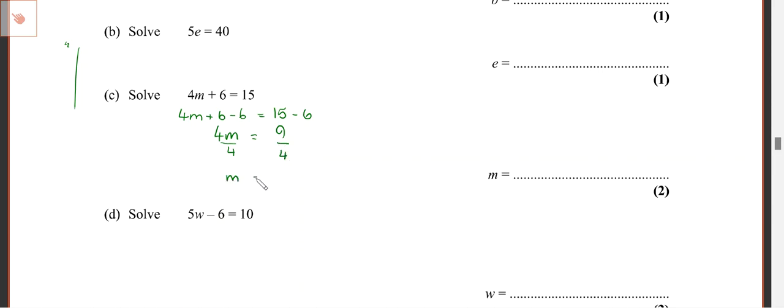And we get m is going to be 2.25. Okay. So there's another example for you. I hope you've written that down. If you haven't written that down, you're missing an example.